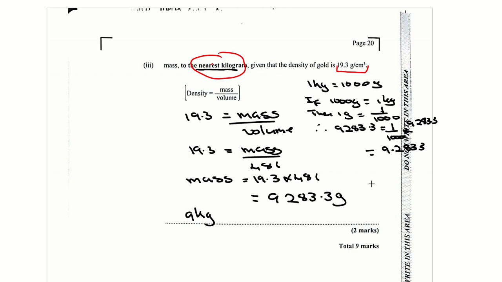So you need to know that 1 kg is equal to 1,000 grams, or vice versa, right?